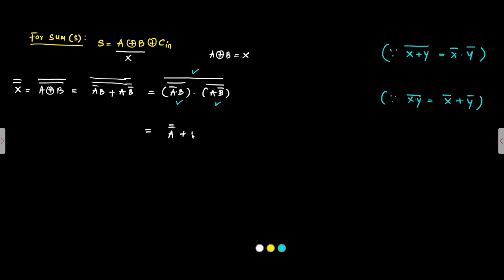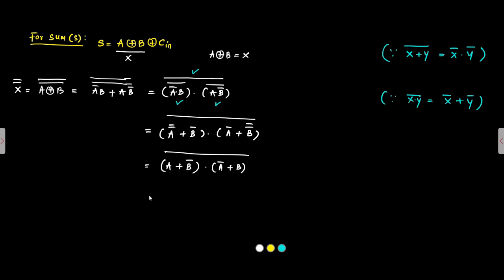So first applying them to the inner complements. It will be A double complement or B complement, and A complement or B double complement, then whole complement. Double complement of a variable, we get the same variable back, so it is A or B complement, and A complement or B, then whole complement.